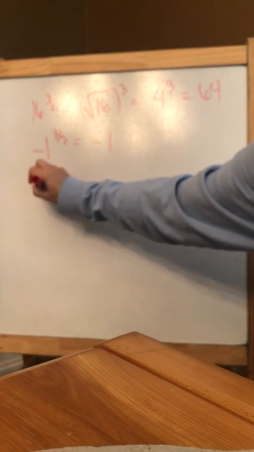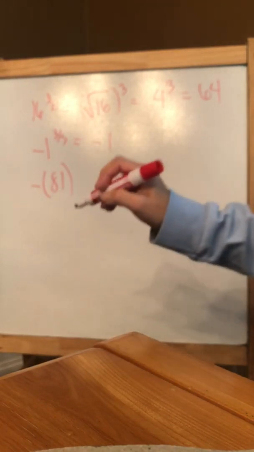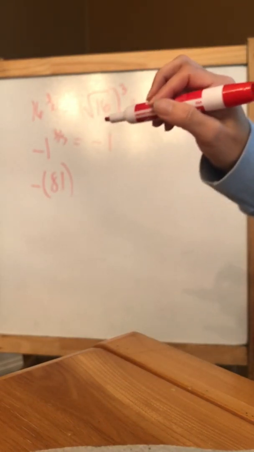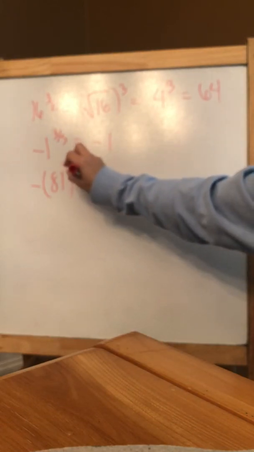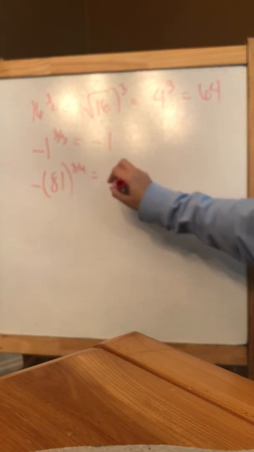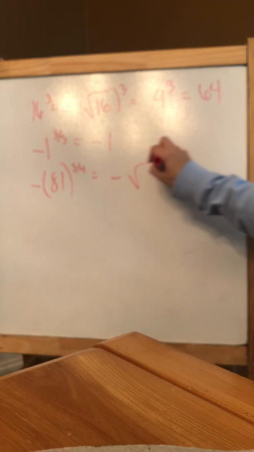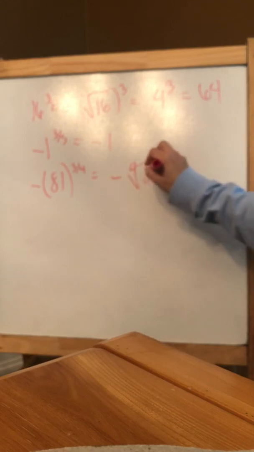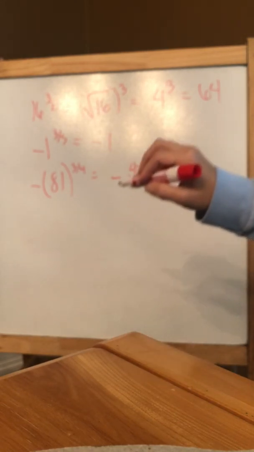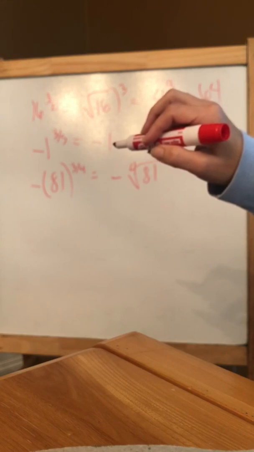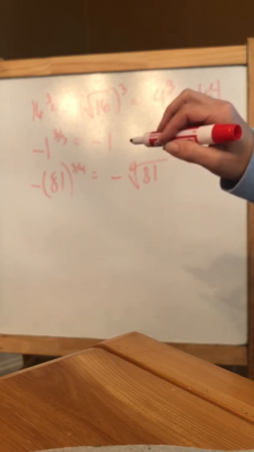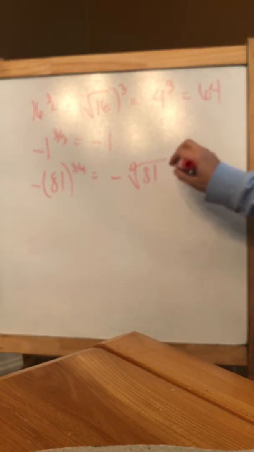Okay, so C, we have -81, negative sign out in front, to the 3/4. Okay, first rewrite it, keep your negative sign out in front. We're going to take the 4th root of 81, and then we are going to cube it.